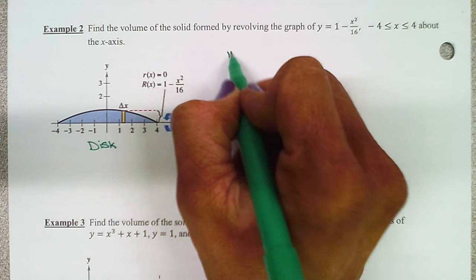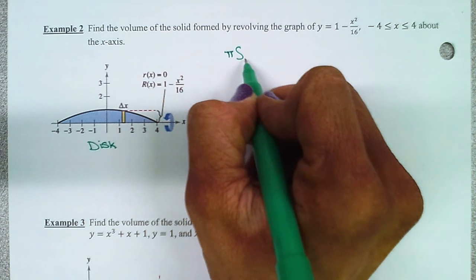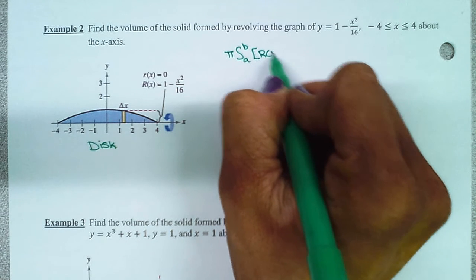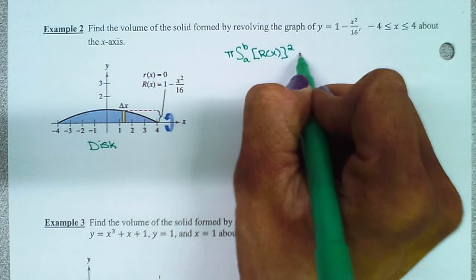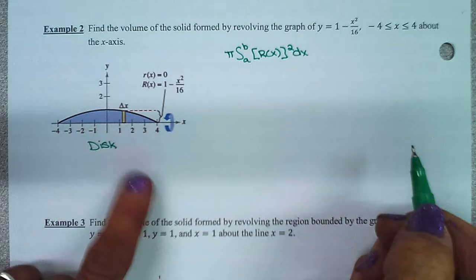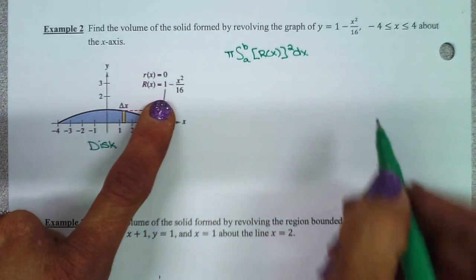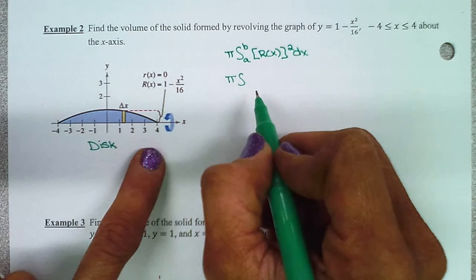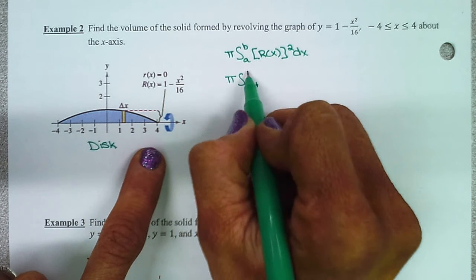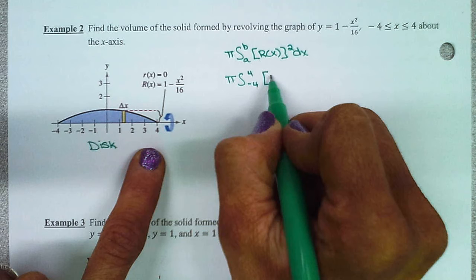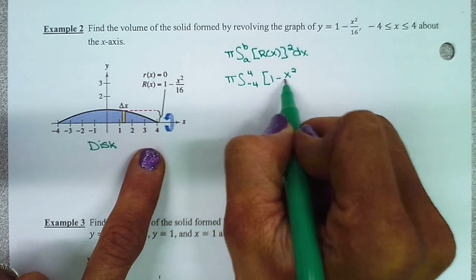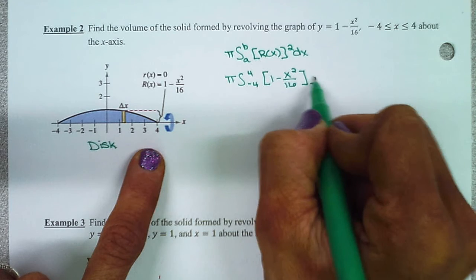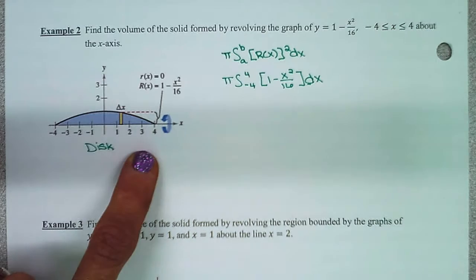So this one's going to end up following that formula, pi times the integral from a to b of big R of x squared dx. We know our big R of x is 1 minus x squared over 16. And we know that we're going from -4 to 4. So 1 minus x squared over 16 from -4 to 4 we already have, and then dx.